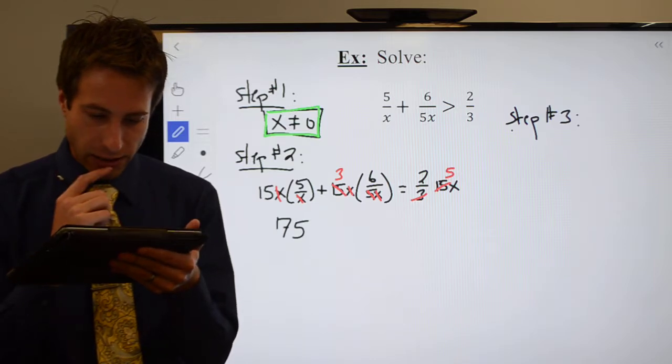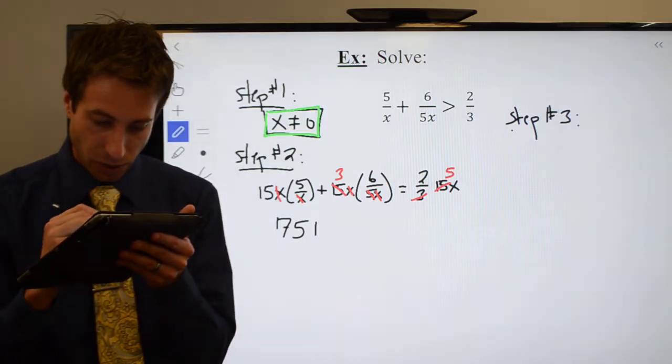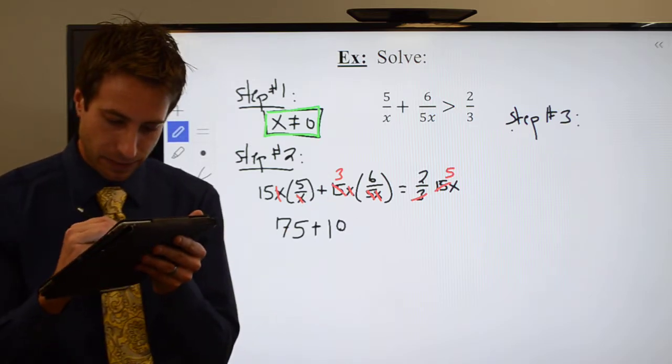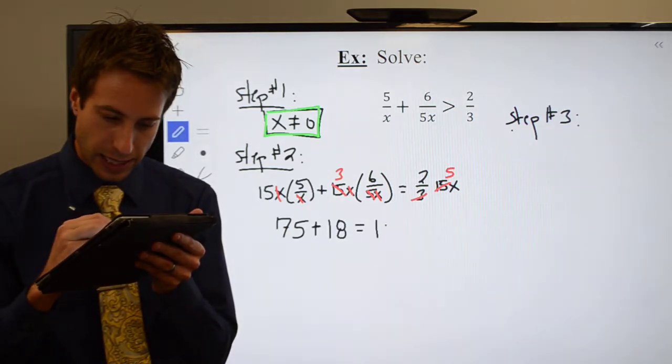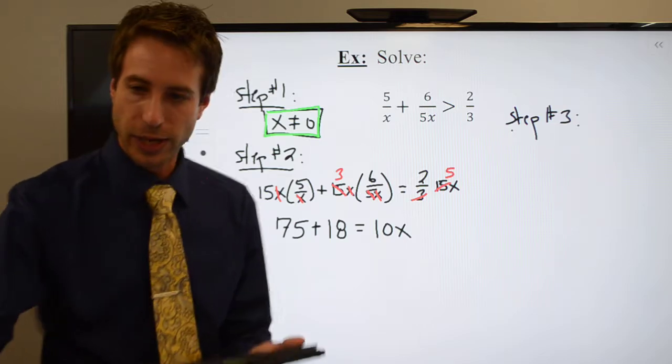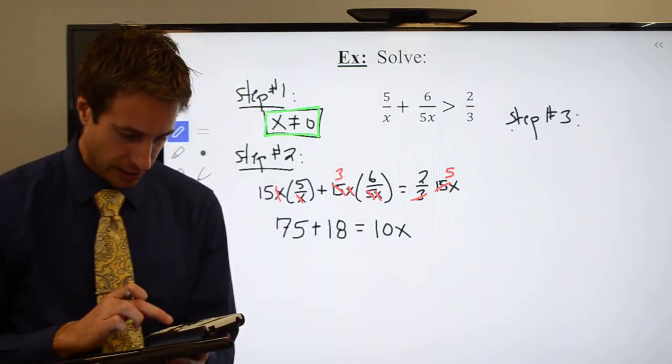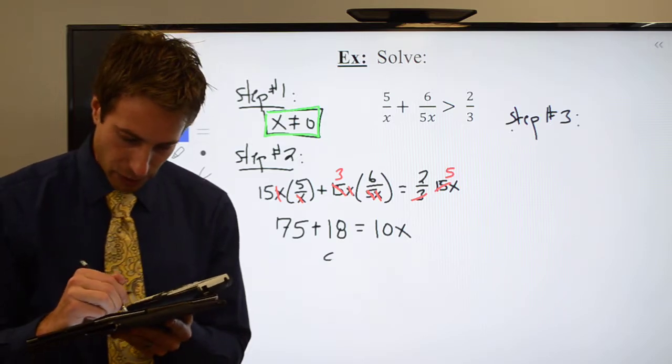So there we go. 75 plus 3 times 6 is 18 is equal to 10x. Here we go. Let's do that then. So we wind up with 75 plus 18 gives me 93.